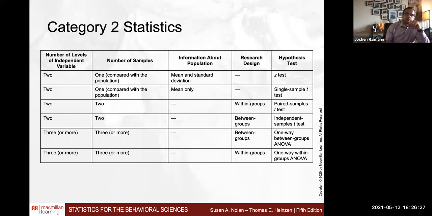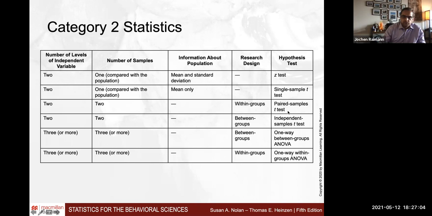If we have the situation where we have a mean and standard deviation given from the population, we can use a z-test. If we only have the mean given and we have to estimate the standard deviation from the sample, we are looking at a single sample t-test. If we have 2 levels of the independent variable as 2 samples and it's a within group design, meaning that we have before and after in chronological order, we will be using a paired sample t-test.